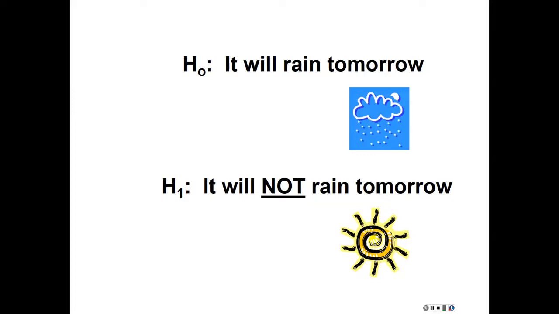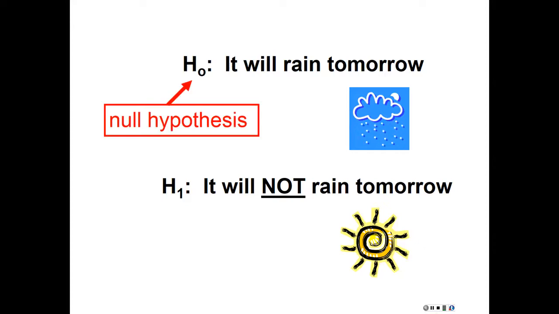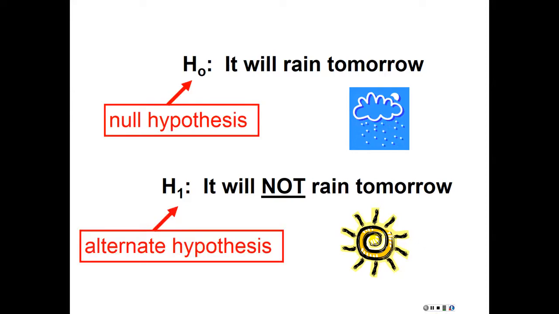Now that's what's going to happen in fact. So that's the null hypothesis and that's the alternate hypothesis. Be sure that you get in your mind the difference between the 2, because the null says this is, and the alternate says no it isn't.